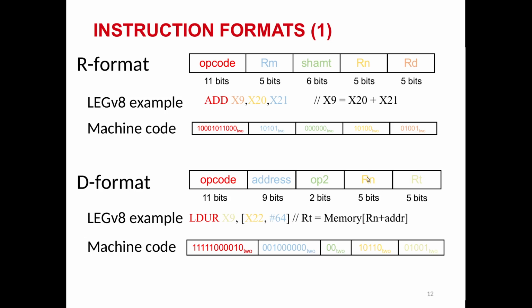Here is the data, and here is the register that will be used to show the base address. This is the offset address, and the value inside Rn will be the base address.